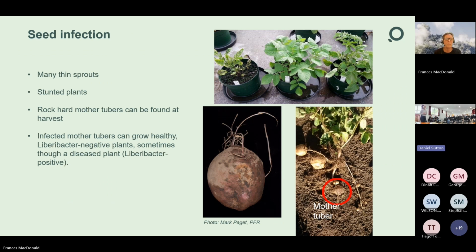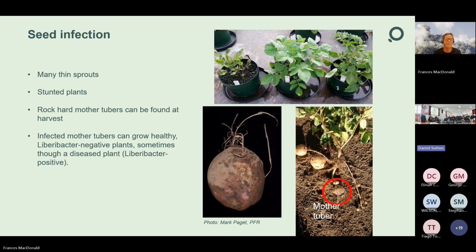Seed infection. How can you see that a seed potato is infected? Once it starts sprouting, it has those really thin, watery sprouts, and quite a lot of them as well. The tuber feels a bit flaccid, a bit spongy. It will grow stunted plants like the one you see there on the left-hand side.